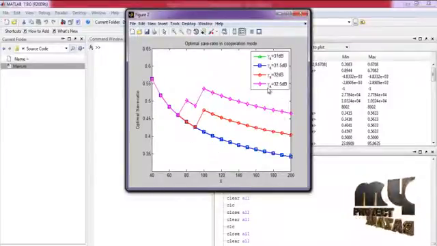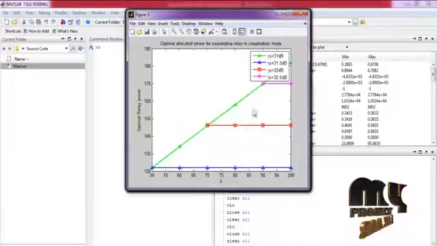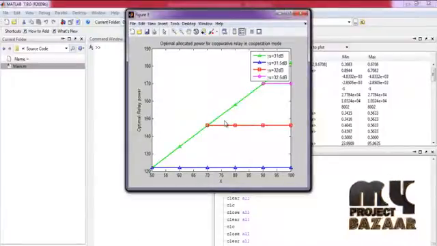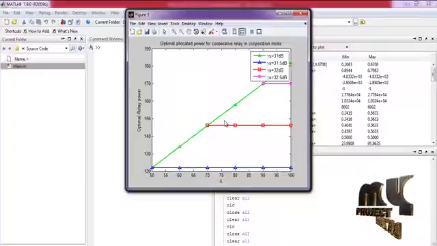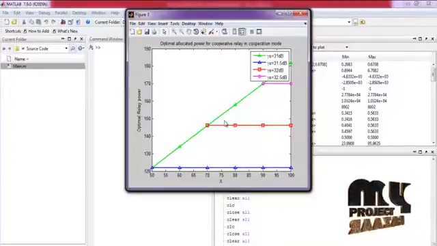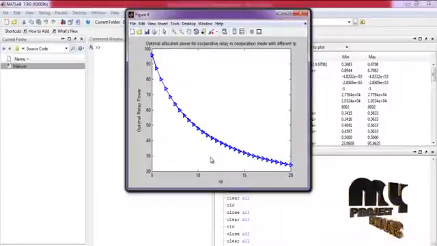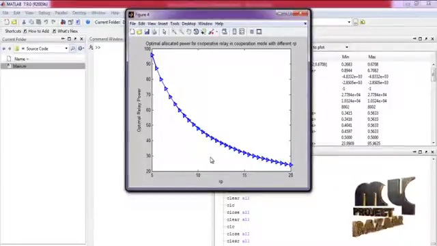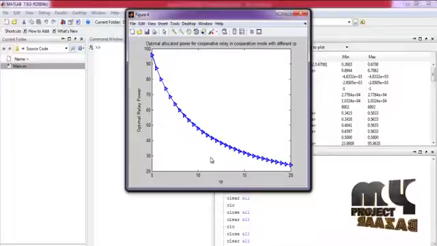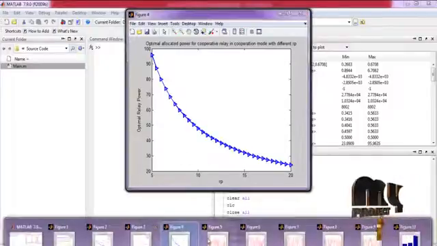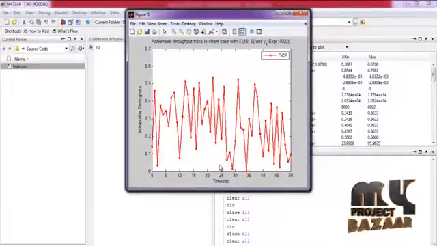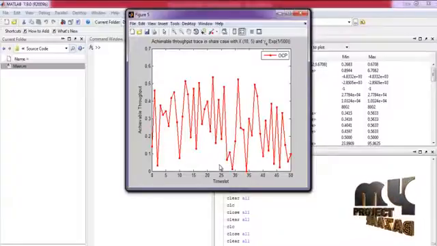Here gamma s values also vary. Here is the optimal relay power, that is the consumption of power for our various users rate. This is the optimal relay power for different RP values, and this is the achievable throughput ratio.